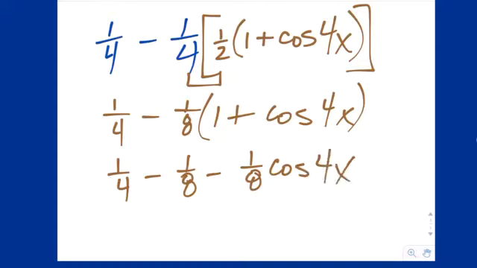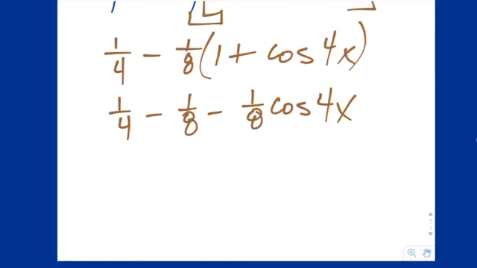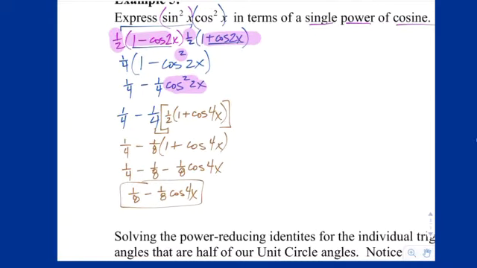And the very last thing we'll do is combine the 2 numbers in the front. What's a 4th minus an 1/8? Typical measurement on a tape measure. 1/8, yeah. 1/8 minus 1/8 cosine of 4 times x. And you're done. You have now written the original expression in terms of a single power of cosine.